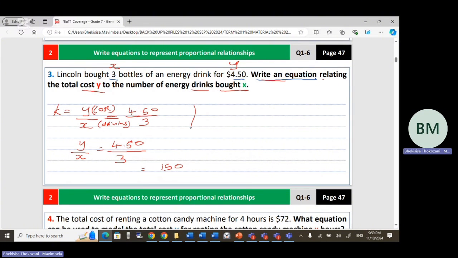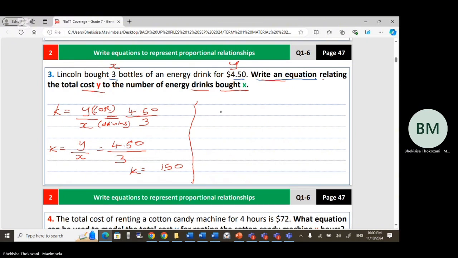Let me just show you something here. This is my K. So we know that K now is 150.